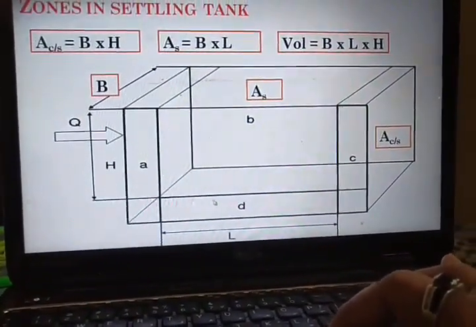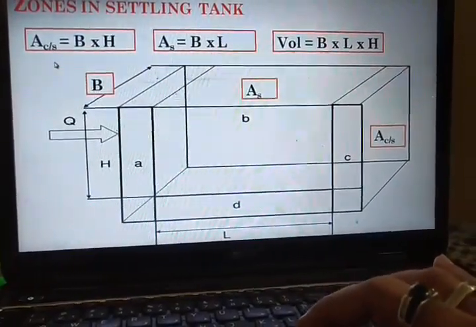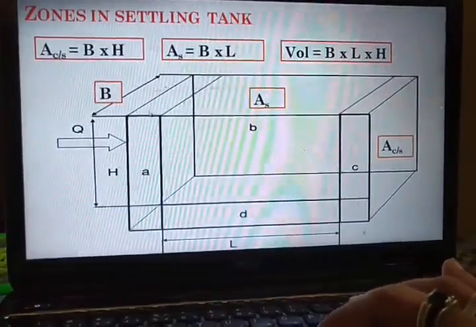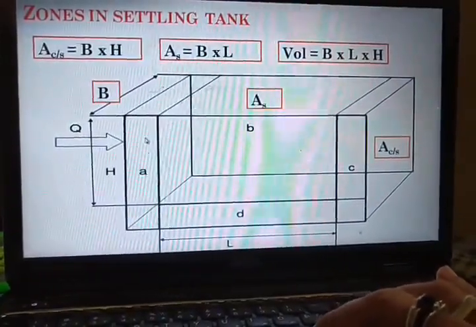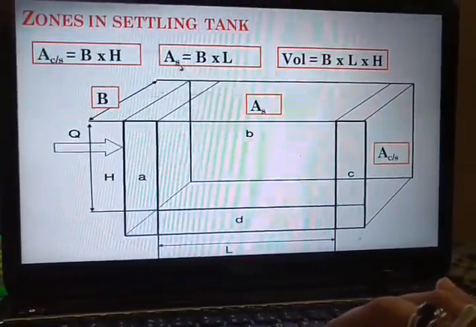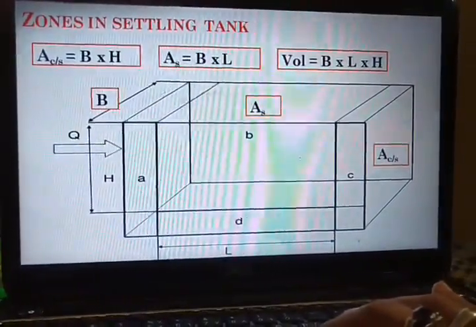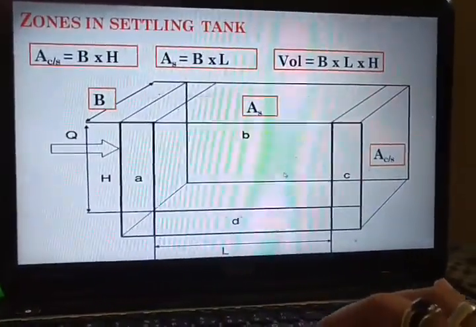Accordingly, the area of cross section of the tank is given by B, that is width, into H, the height. Similarly, the area of settling is given by B, width, into the total length of the tank.